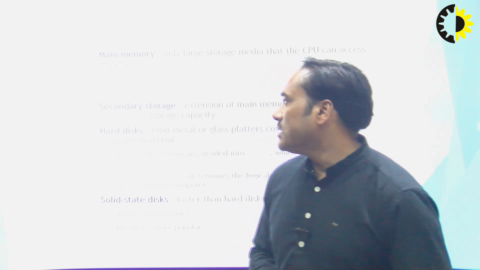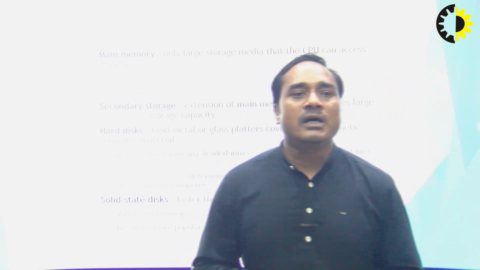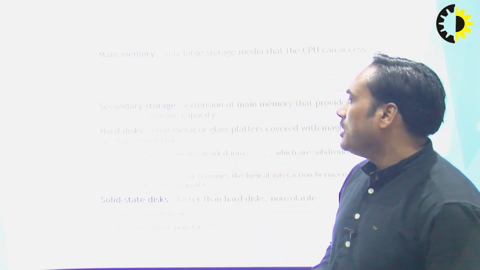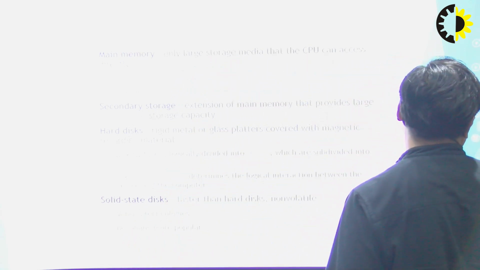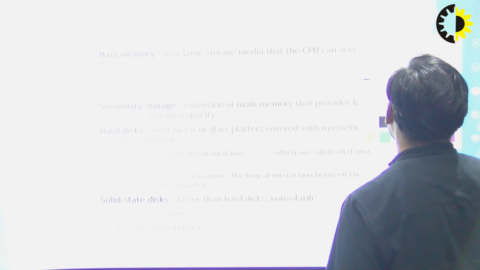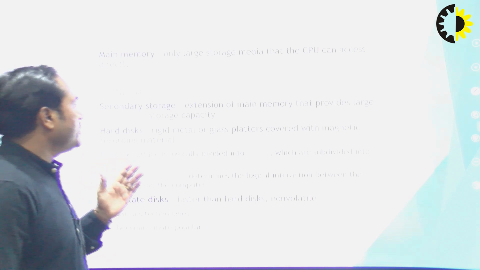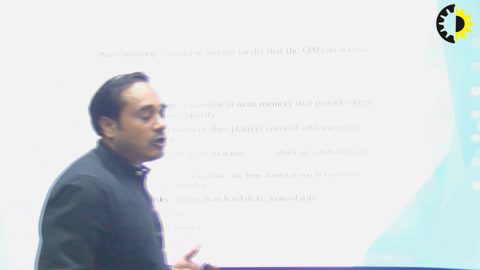Now move to the second point, that is the secondary storage. Secondary storage is the extension of the main memory that provides large non-volatile storage. Non-volatile storage means we store the data in a non-volatile manner. In non-volatile, data is stored permanently and is not affected by the light.